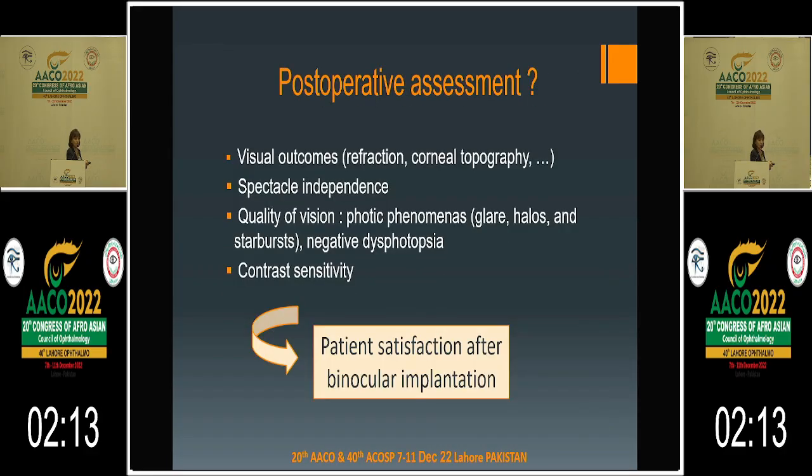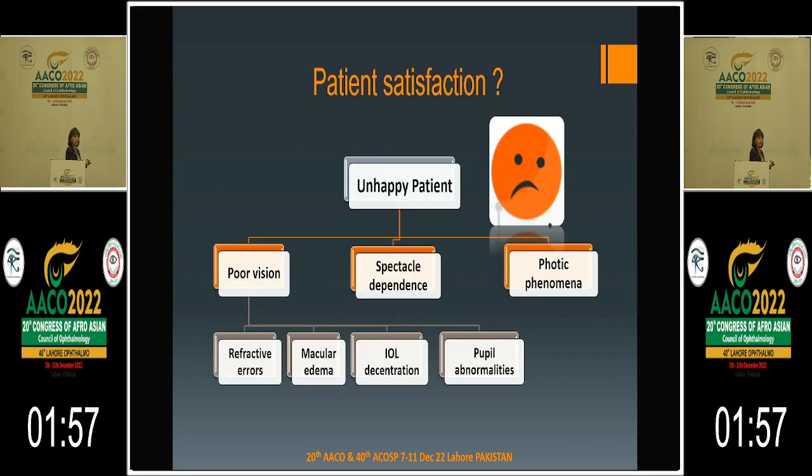We have to assess visual outcome, spectacle independence, quality of vision, and contrast sensitivity, and this may be done after binocular implantation. But sometimes we can be faced with an unhappy patient for different reasons, poor vision, spectacle dependence, but the main reason is photic phenomena. So in this case, we have to explant the IOL.